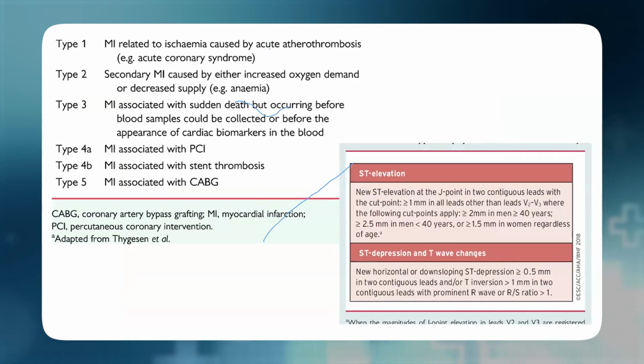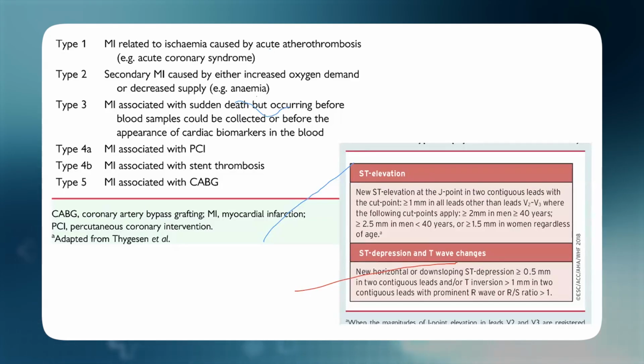For example, in anemia, a patient who has severe hemorrhage will have acute anemia and an acute decrease in oxygen supply to the myocardium. Even if there are only minor blockages in the coronaries, or there is an increase in the heart's demand, they will sustain an MI. That kind of MI is called a secondary MI or type 2 MI.